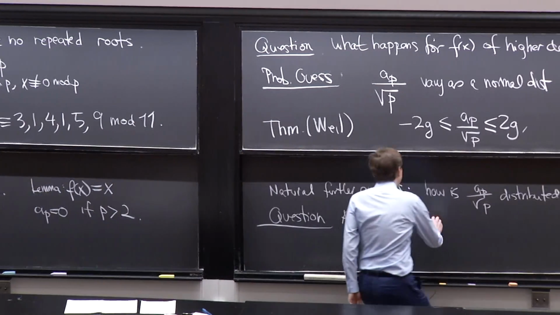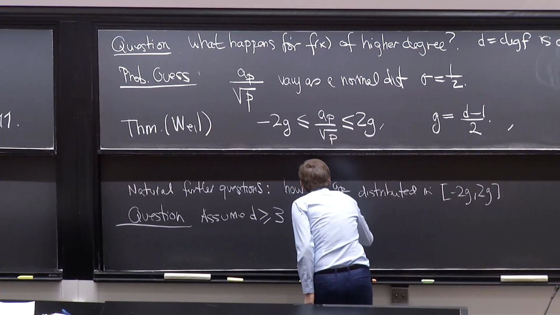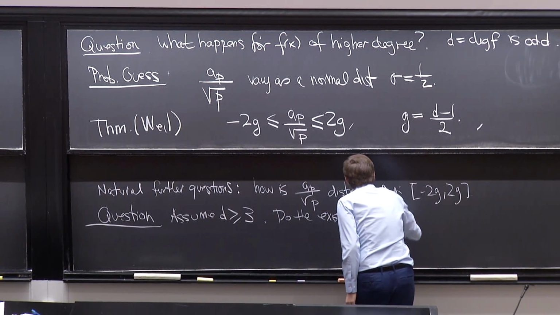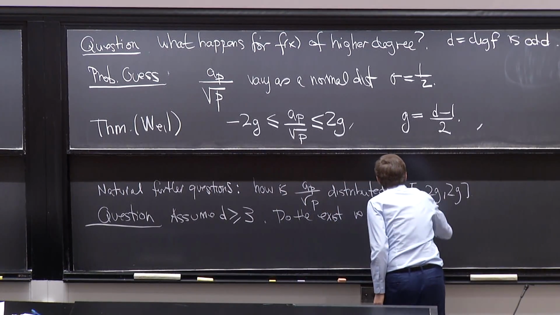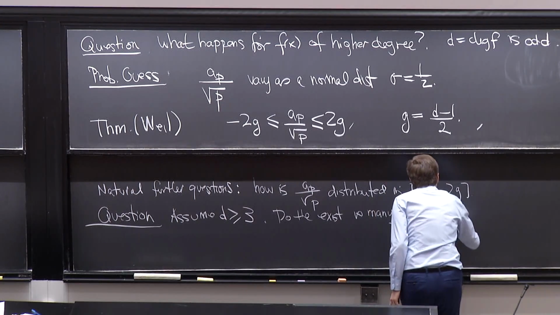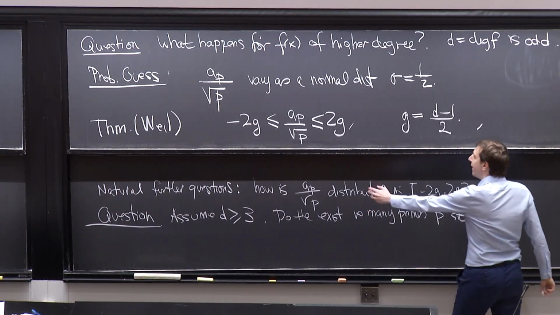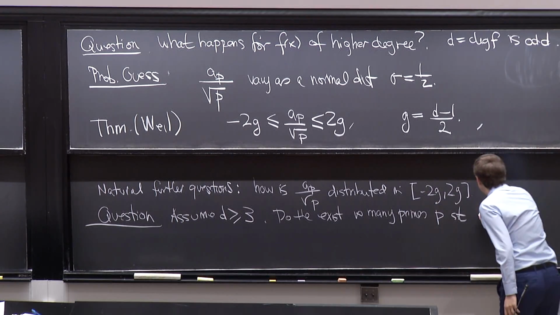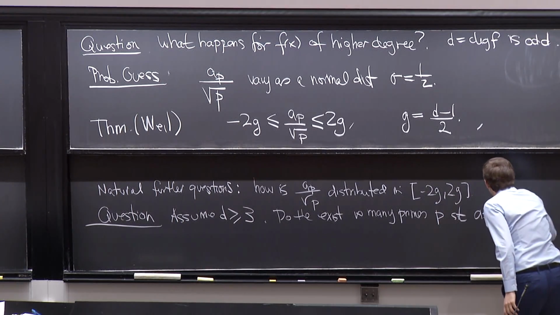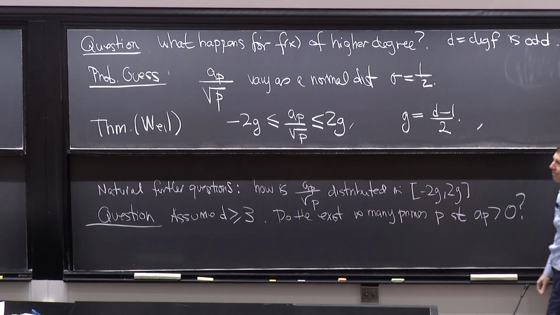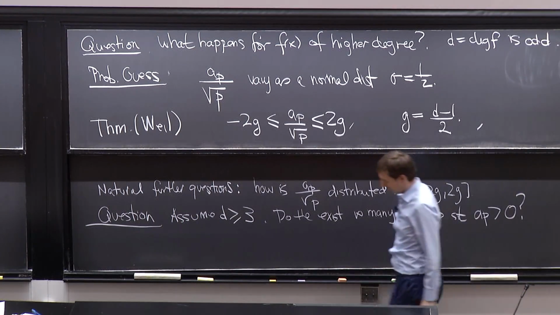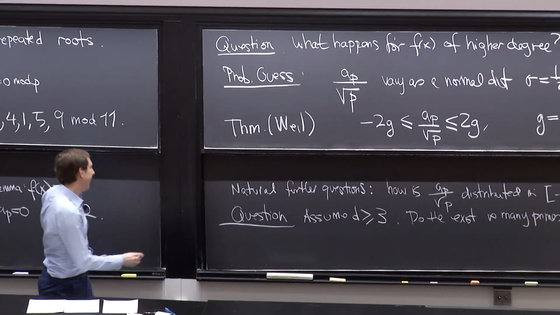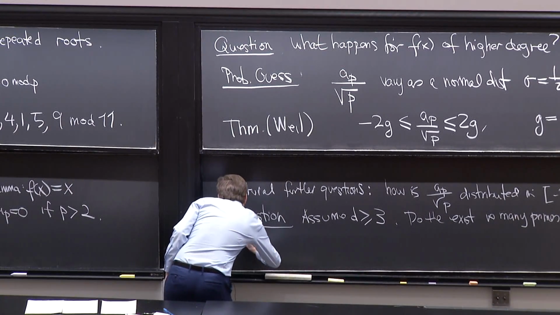And then I could ask, do there exist infinitely many primes such that, well, here I have this number varying in this interval. The most basic question you might ask is, for example, such that a_p is positive? Okay. And perhaps surprisingly, this is completely open.